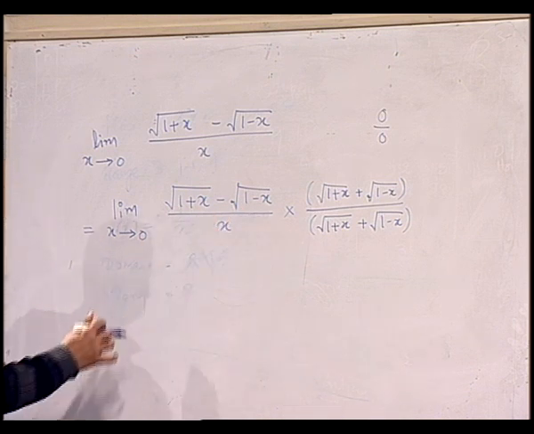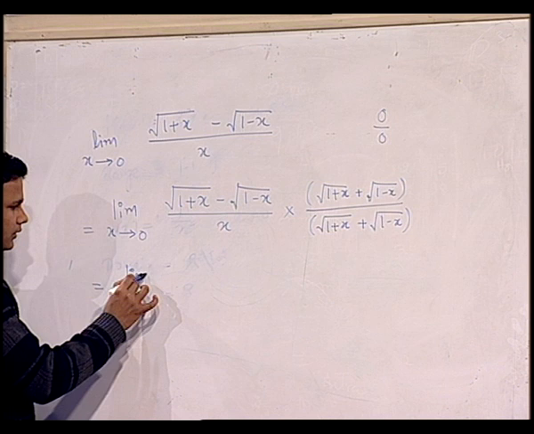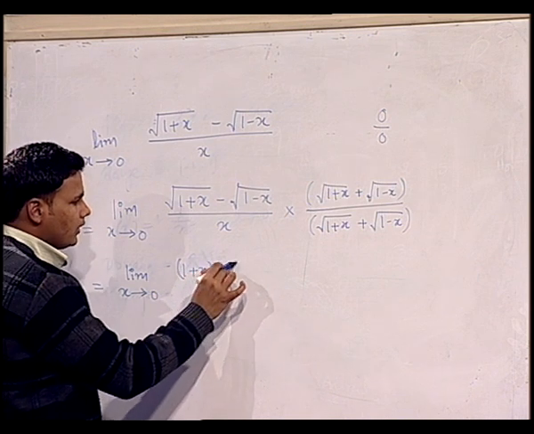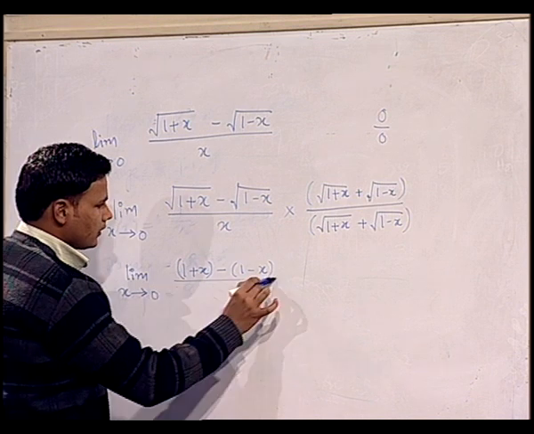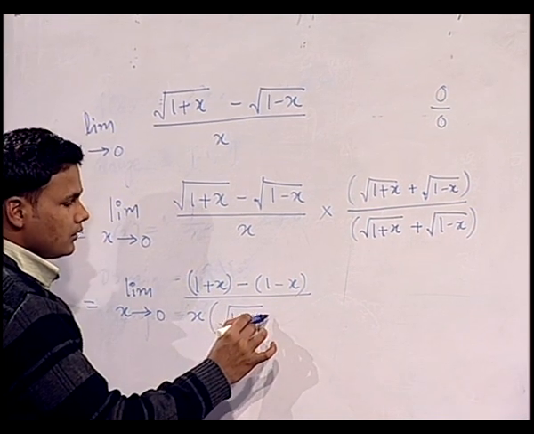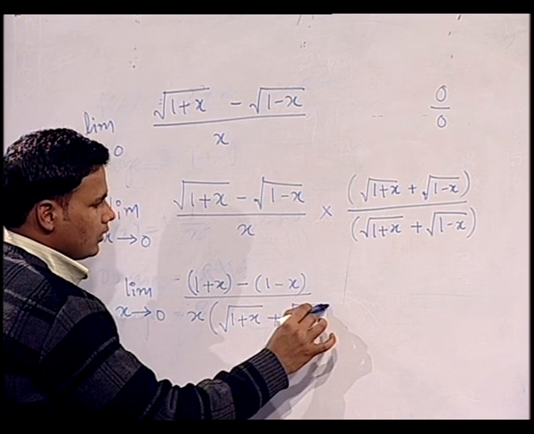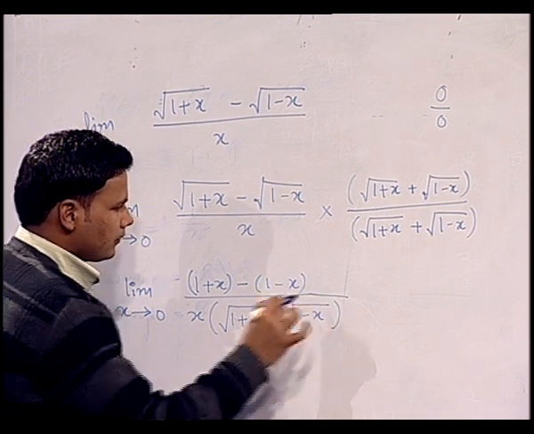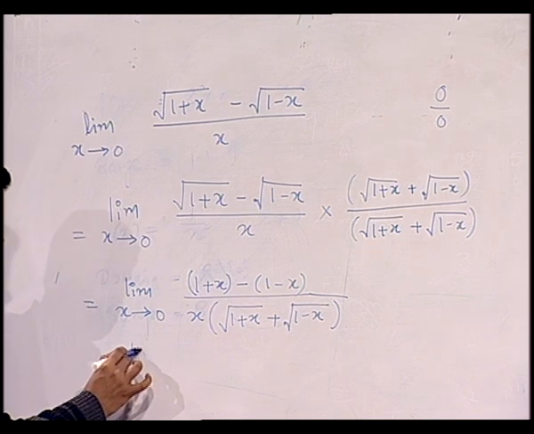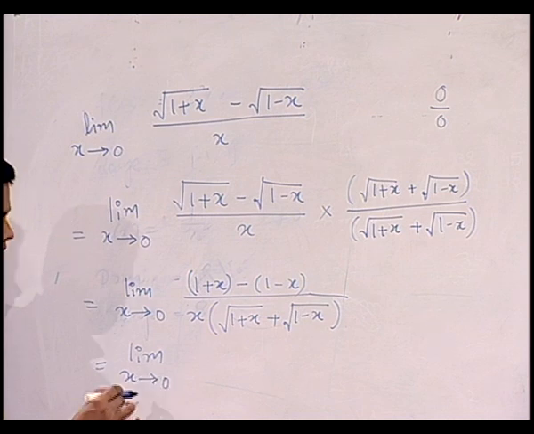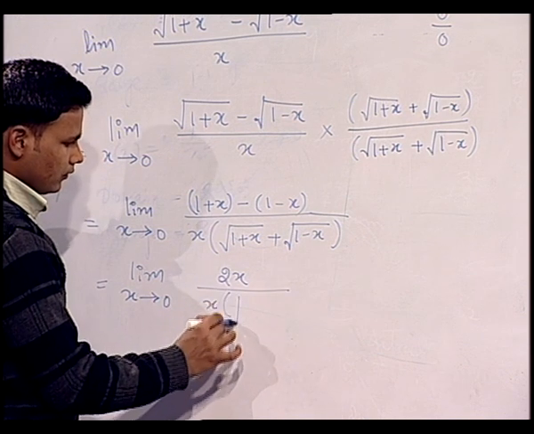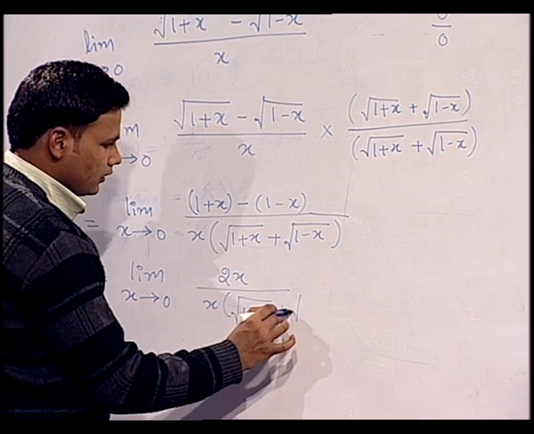So we can apply that formula and we get here limit x tends to 0, (1 plus x minus 1 minus x) upon x (square root 1 plus x plus square root 1 minus x), which finally reduces to limit x tends to 0, 2x upon x (square root 1 plus x plus square root 1 minus x).